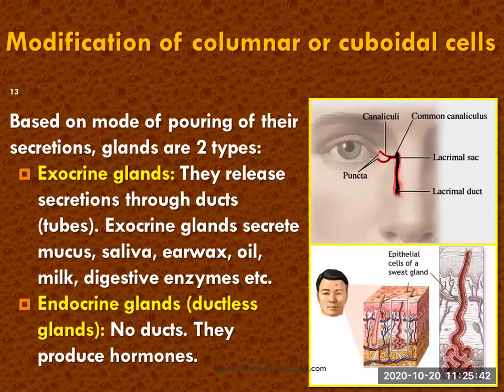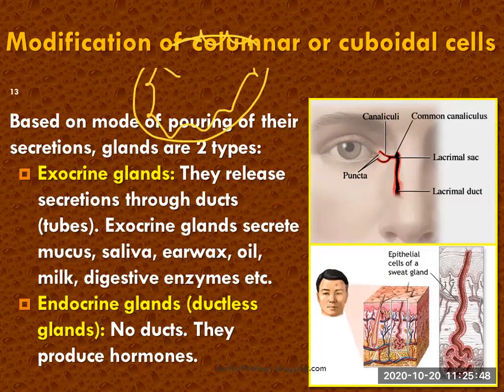What is an exocrine gland? If you take the gland, the glandular secretions are collected by the small ducts, and all the ducts are going to become a bigger duct, and that duct will be either a hepatic duct or pancreatic duct, or a duct from the lacrimal gland, or ducts of the salivary gland, whatever it may be.